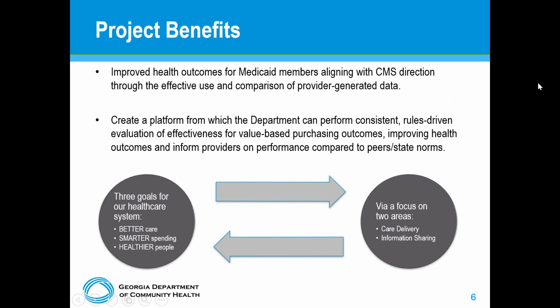The goal here is to provide input to the department as they make decisions about programs moving forward. The goal is a consistent platform built on standards, rules-driven, to provide consistent, meaningful input, right? Obviously, we've got three goals of our healthcare system in mind: better care, smarter spending, healthier people.